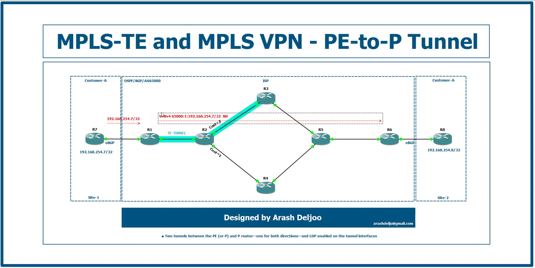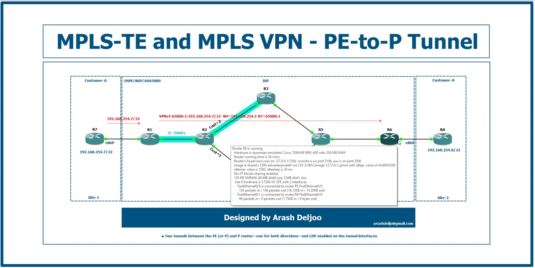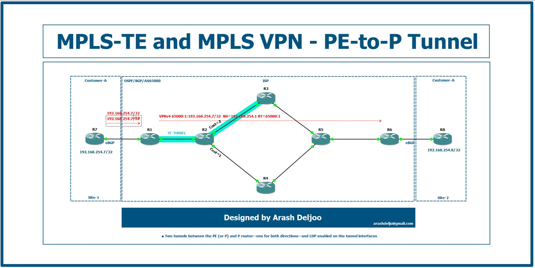Here we need to set the next hop to router 1, 192.168.254.1, and also, for example, RT again 65000:1. That's it. This address should be received by router 6, and finally router 6 should import this update to its BGP table, and then it can forward the update to R8 after AS overriding. That's it. This is the scenario that you learned about in the MPLS Layer 3 VPN course.